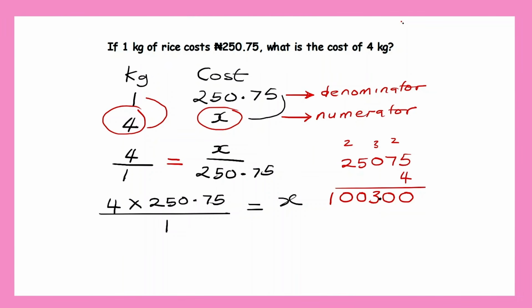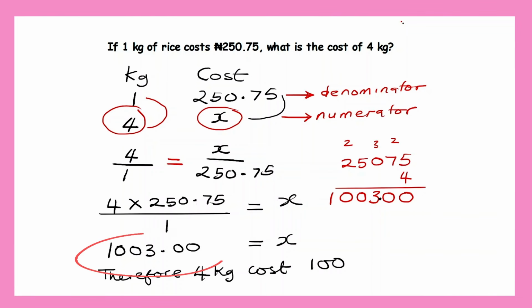The final answer, therefore, becomes 1003.00, which is equal to X. Remember that we are trying to look for the cost of 4 kilograms. So the cost of 4 kilograms is 1003 naira.